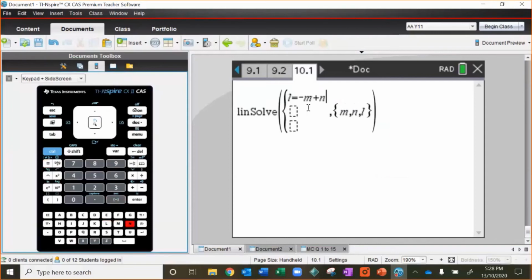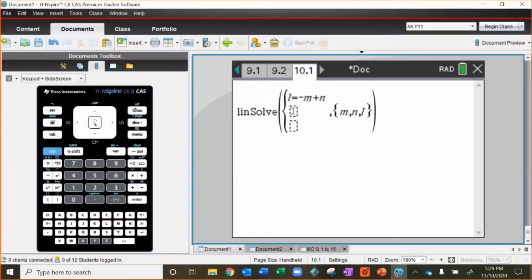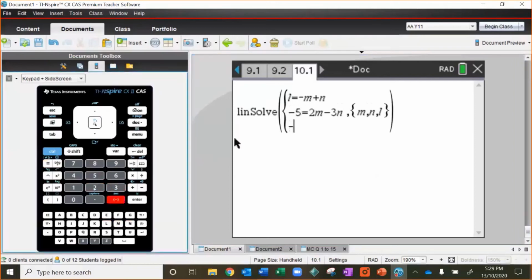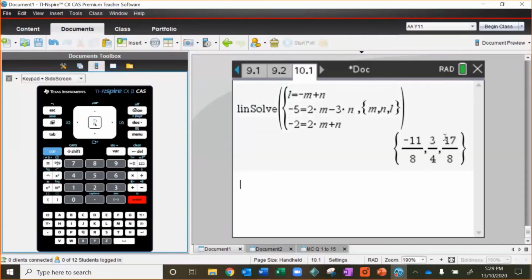This is equating the I components. Negative 5 is equal to 2m minus 3n. This is equating j components, and negative 2 is equal to 2m plus n from k components, and we are after lambda, which is 17 on 8. So the answer to question 10 is B.